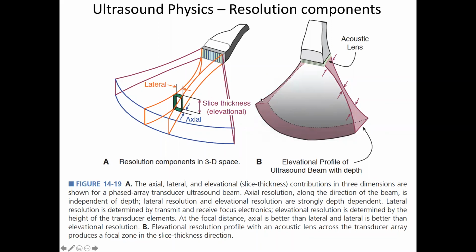Just to review what most transducers that produce the ultrasound look like: they have a linear array of these piezoelectric crystals, which are quite thin, and voltage is applied across that crystal to make it compress and expand.